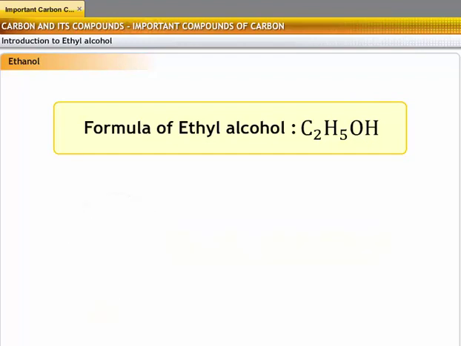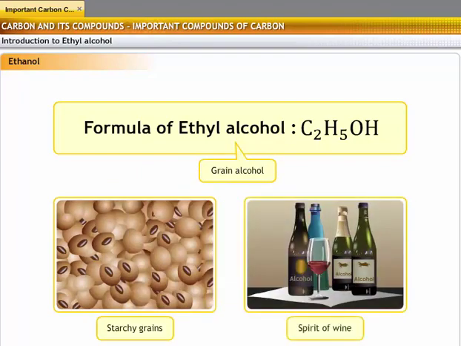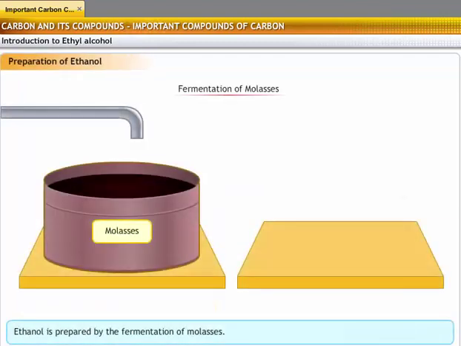Ethyl alcohol is also known as grain alcohol because it is obtained from starchy grains. It is additionally known as the spirit of wine because it is a constituent of wines. Ethanol can be manufactured through fermentation of molasses.